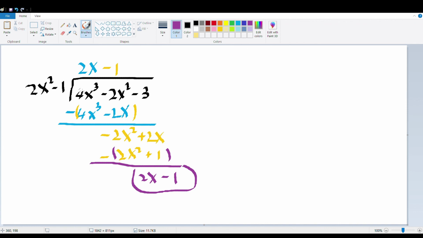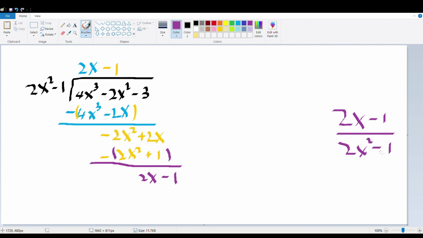And remember, the whole thing is based on the division part. So that means the denominator is going to be 2x squared minus 1, and then we can just leave the term on the side, like 2x minus 1 over 2x squared minus 1.